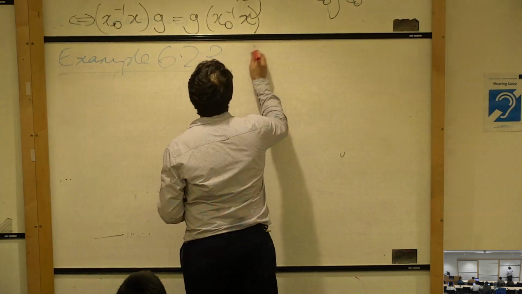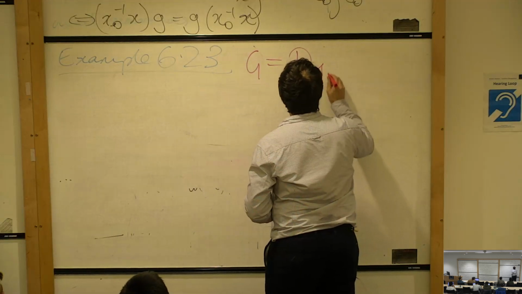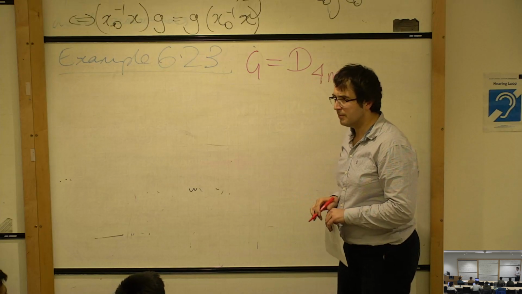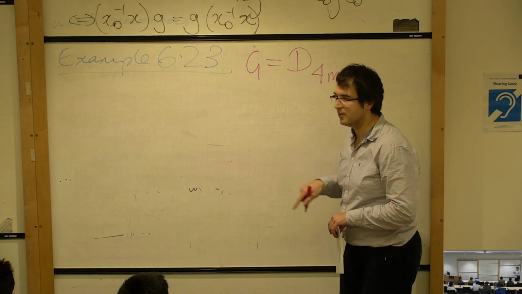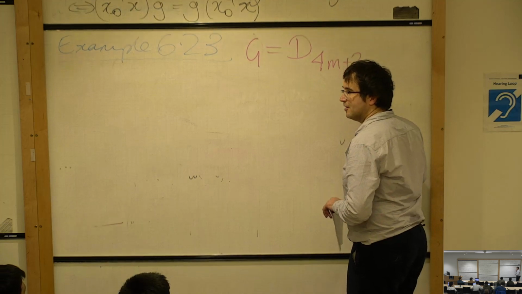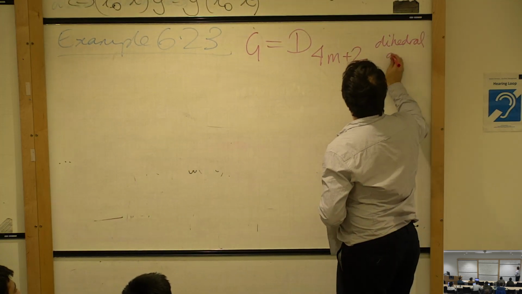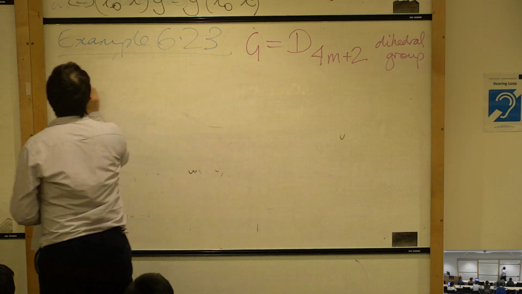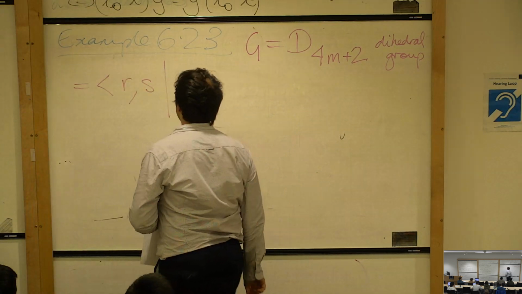Okay, dihedral group. Odd dihedral group, which means it has odd order. I mean, any dihedral group has even order, but maybe it's the symmetry group of a regular n-gon with an odd number of vertices. So I write it like this: dihedral group of order 2m plus 1 times 2. It has a presentation, with a rotation and a reflection.